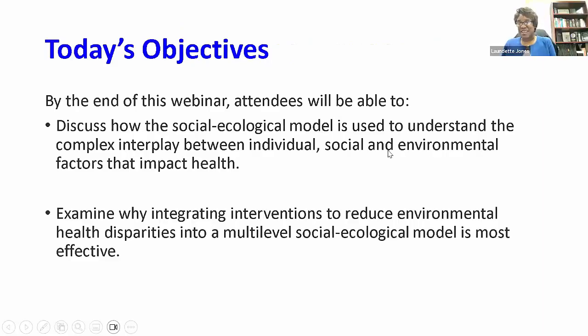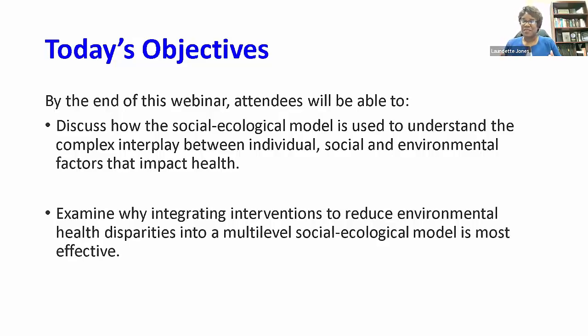So there were a couple objectives here that I'm going to take time to break down. As April mentioned at the beginning, my work is really looking at the interplay of health disparities, but not just simply at the individual level, but the social and the environmental levels, and all of these various factors that impact health.